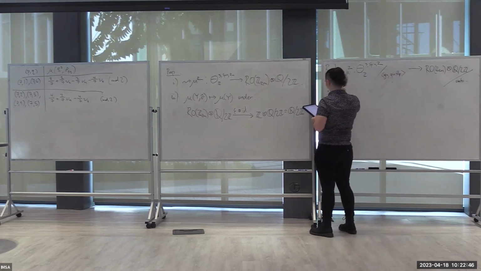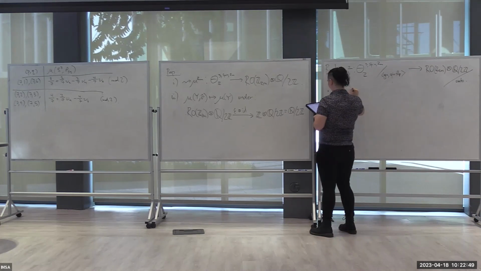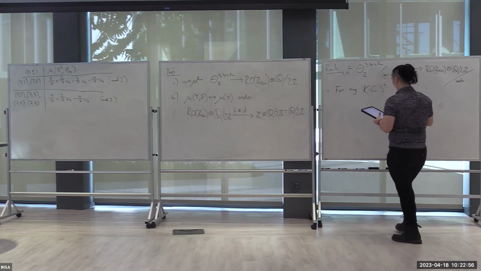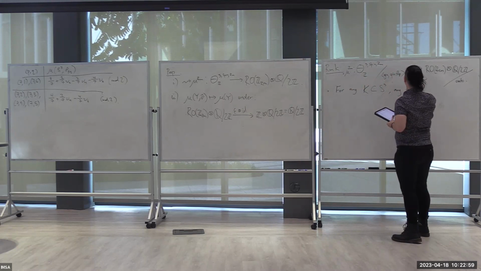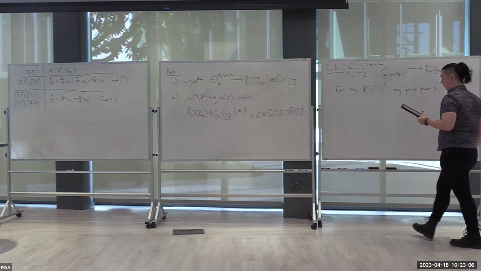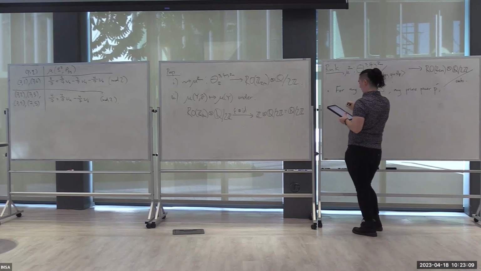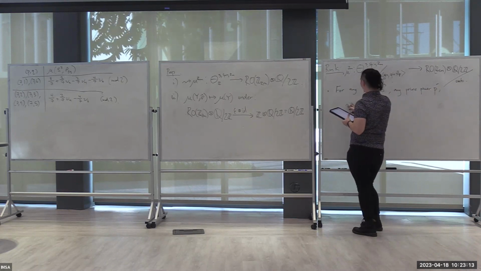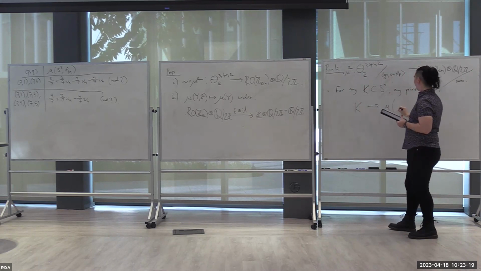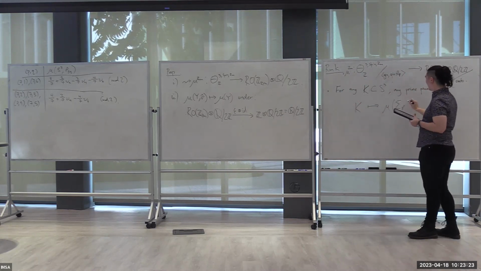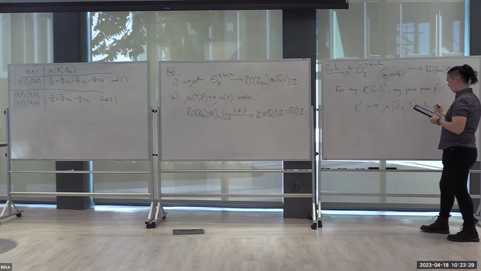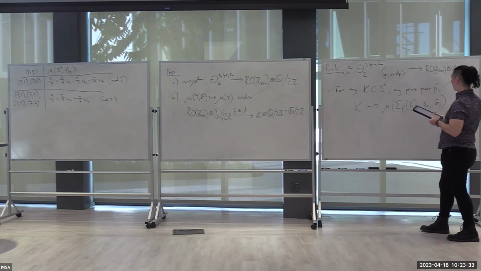So in particular, for a knot K in S3, you can map K to the Equivariant Rokhlin invariant of the p-fold cyclic branched cover with its unique equivariant spin structure.